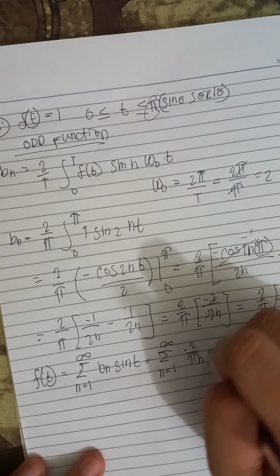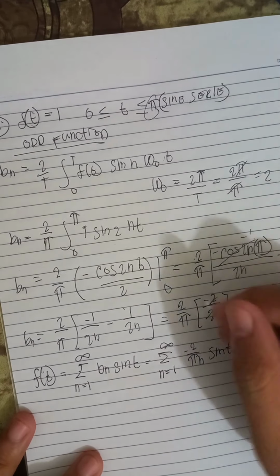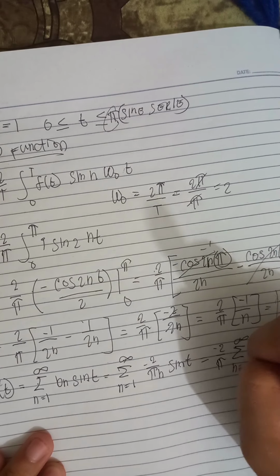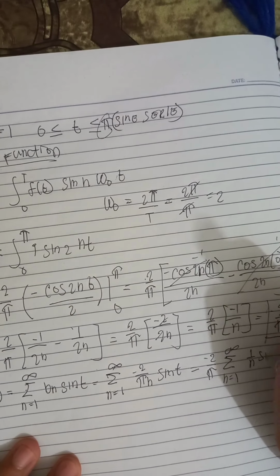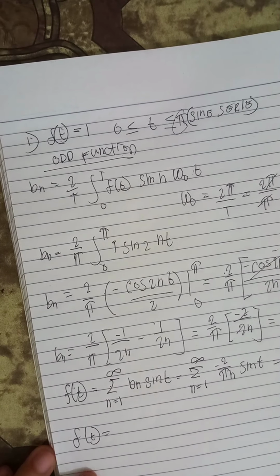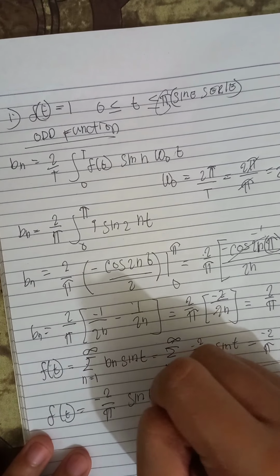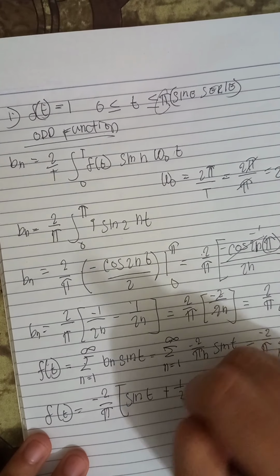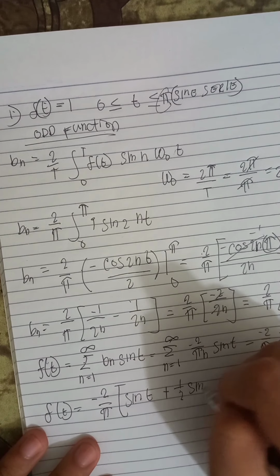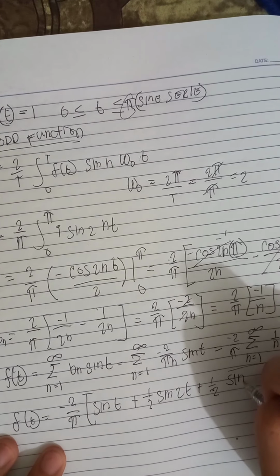The value of bn is negative 2/(πn) sin(nt). So it equals negative 2/π times the summation from n = 1 to infinity of 1/n sin(nt). Expanding the terms, we have negative 2/π times sin t, plus 1/2 sin 2t, plus 1/3 sin 3t, and so on to infinity.